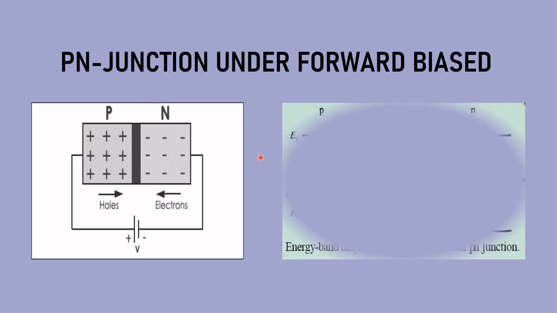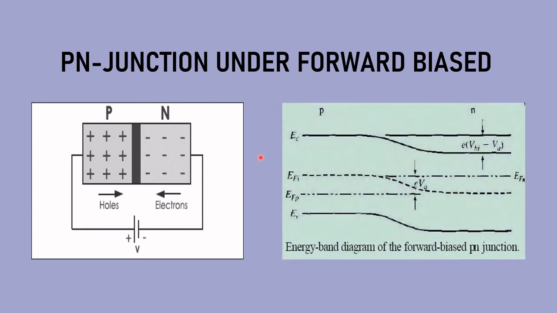Now, what is the energy band diagram of the PN junction under forward bias condition? This is the energy band diagram of the forward biased PN junction. We know that in thermal equilibrium, as we discussed in the previous class, the Fermi energy is constant throughout the system.